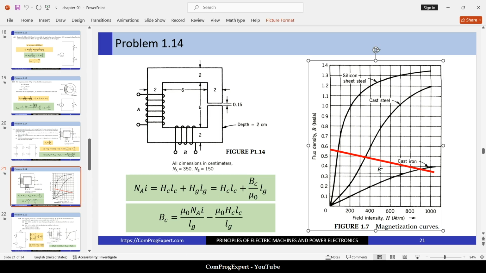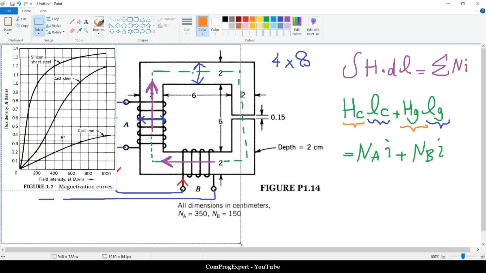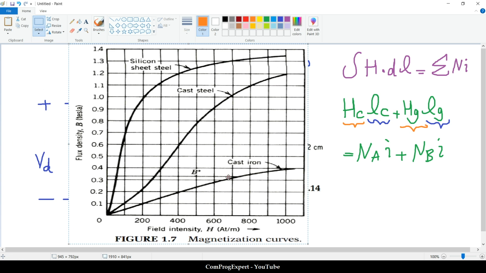So let me copy this. Here we have this graph, okay? And if we are going to have 0.5 Tesla in the cast steel material, the value of H should be 350.